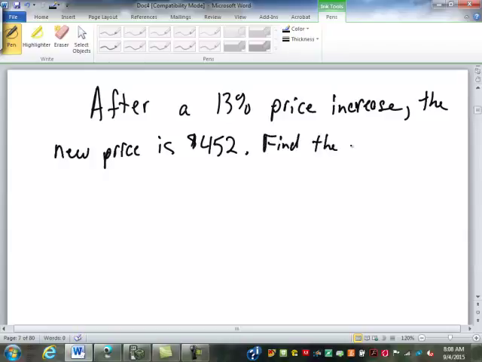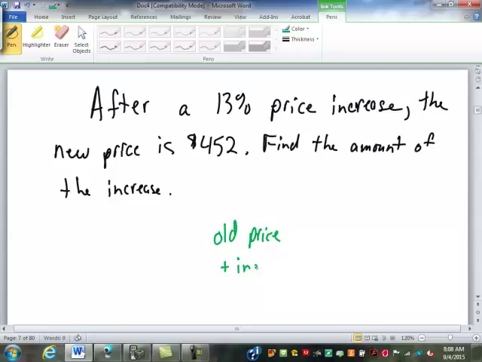Find the amount of the increase. So again, we have an old price plus an increase equals a new price. Now what's slightly different here from what we've seen so far?